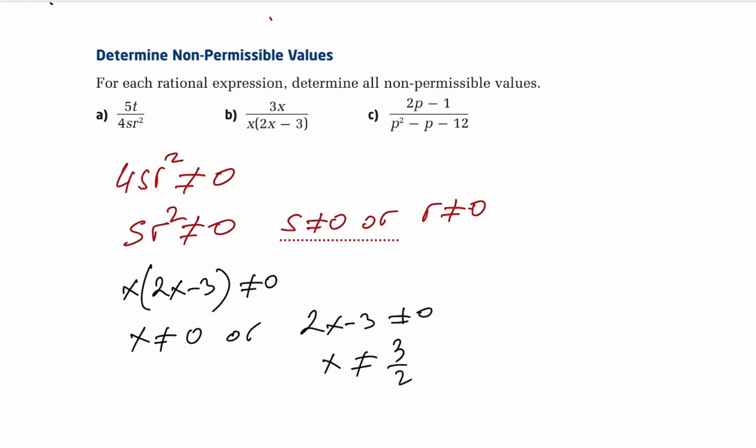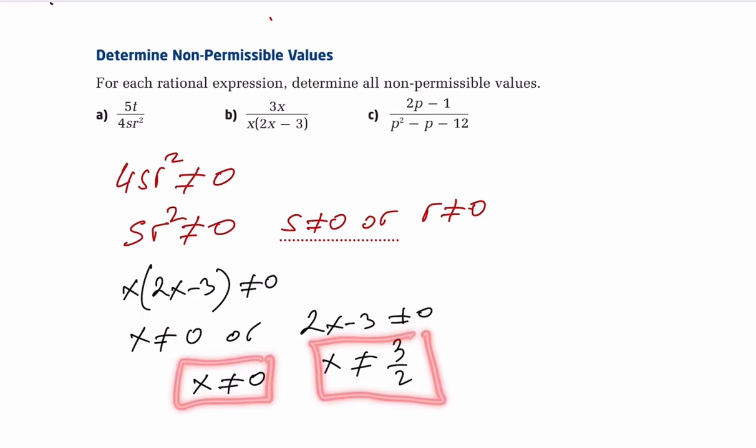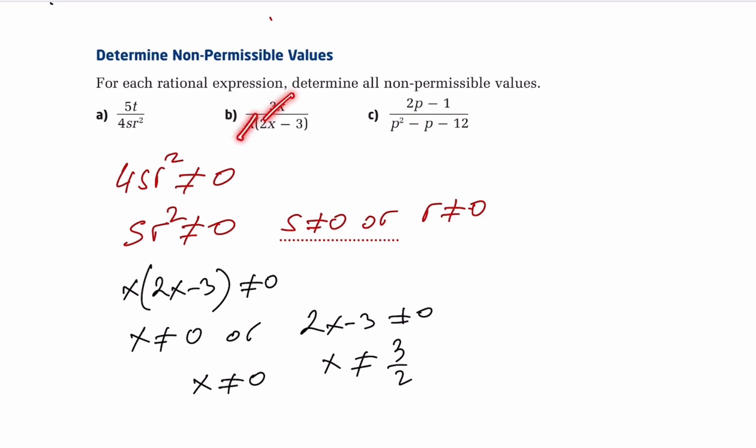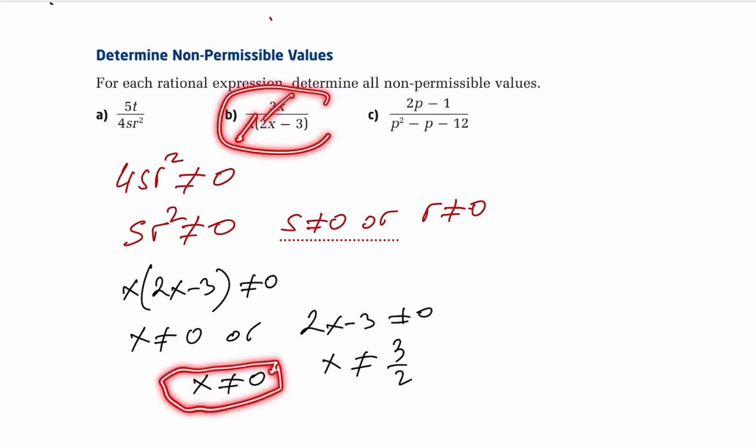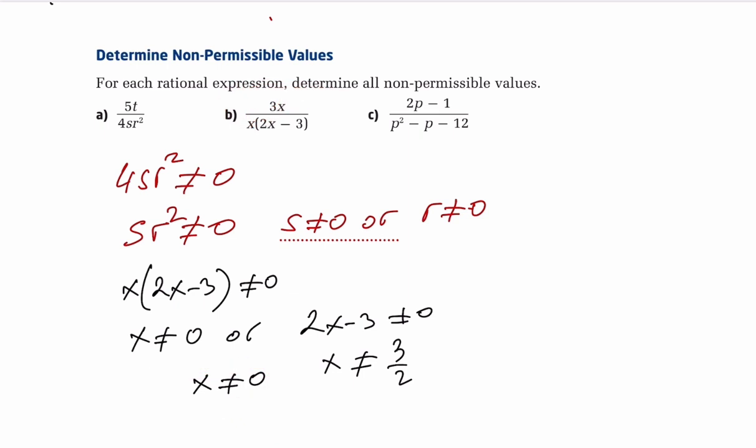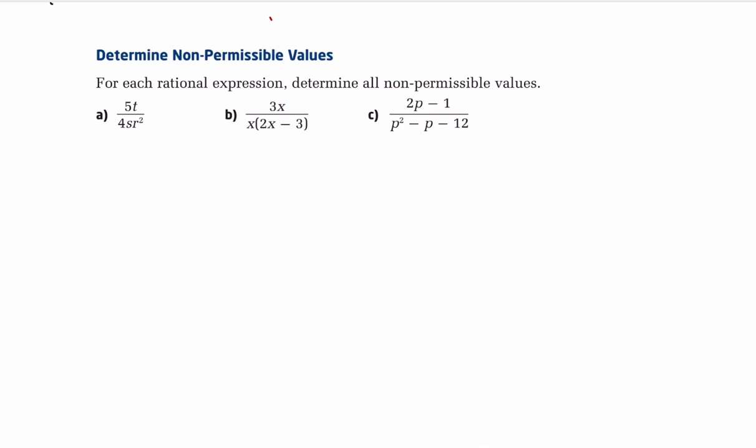So my non-permissible values are x should not be equal to 0 and x should not be equal to 3 over 2. However, if I cross out my x from the beginning, I am crossing out the condition that x should not be equal to 0, which means I am changing my algebraic fraction.